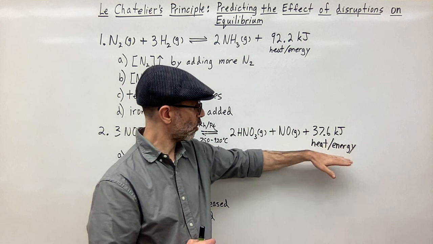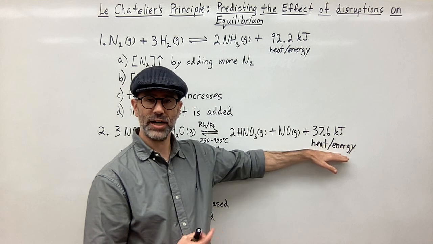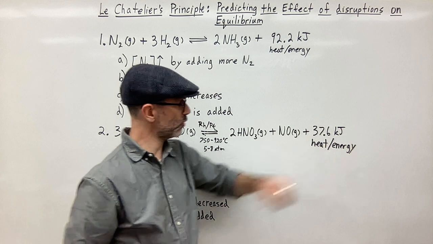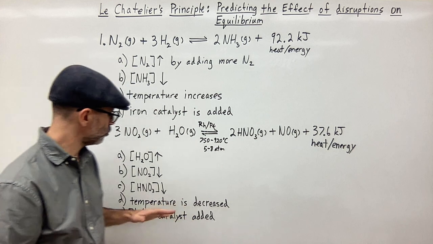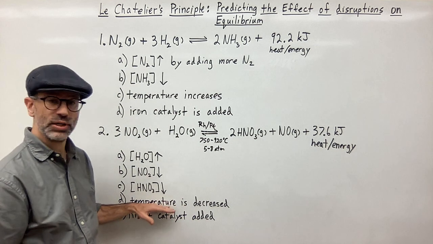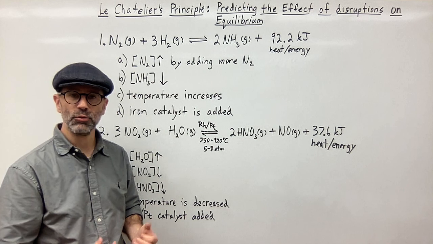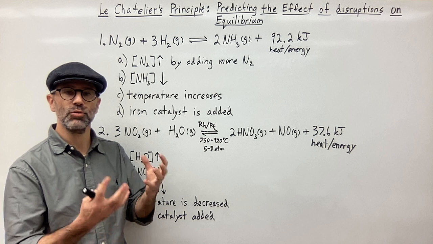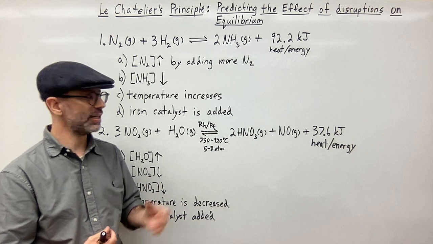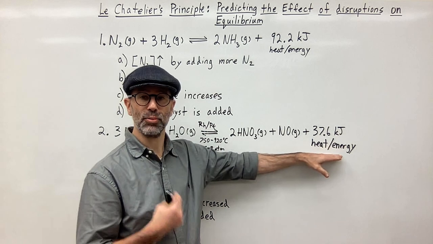So if heat or energy is a product of the reaction because it's an exothermic reaction, what are we doing when we decrease temperature? When we decrease temperature, we're taking heat away. We're removing heat. We're removing energy. And so in that case, we're removing a product.